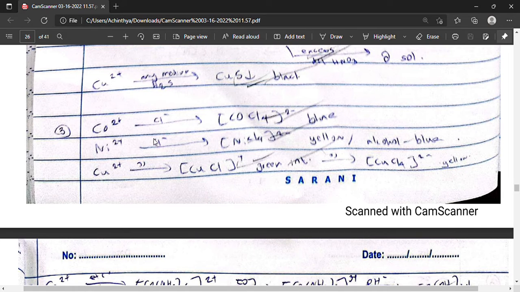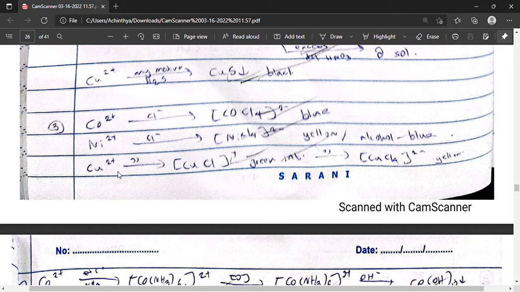If we do so with nickel, we get a yellow chloride complex. Same formula, just replace cobalt with nickel, NiCl4 2-, tetrachloridonickelate 2 ion. And the interesting thing about it is that it is yellow when aqueous and blue in alcoholic solution.